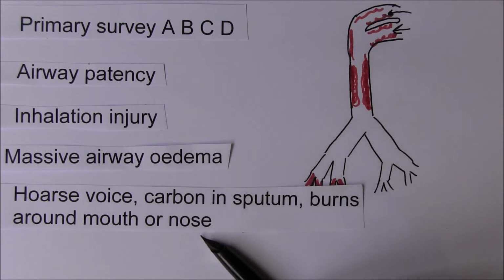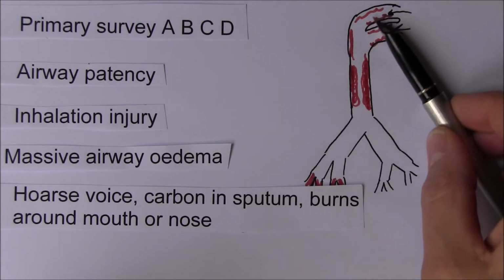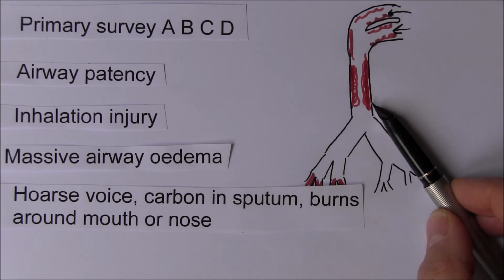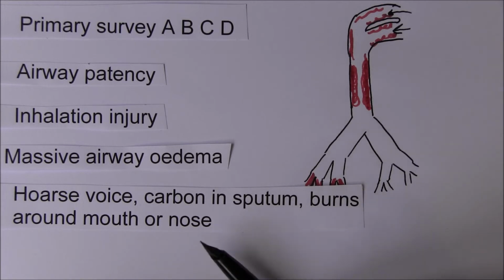Again, these could be caused by hot gases, and if the hot gases are burning the mouth and the nose, then it's reasonable to assume that they're also burning the lower parts of the airway. And look in the patient's nostrils. See if the nasal hair is singed, because if it is, the patient has been breathing in superheated gases.